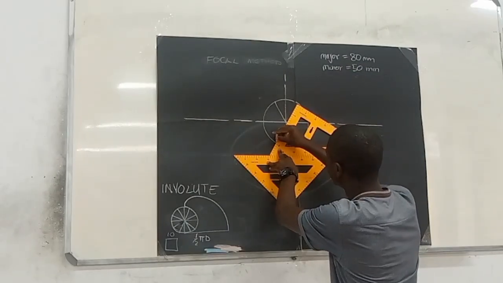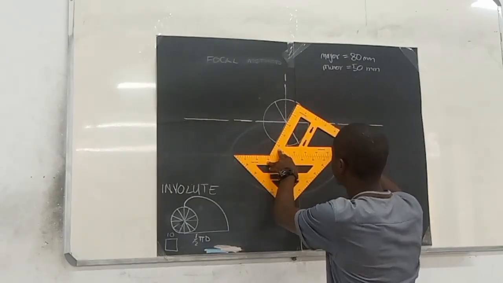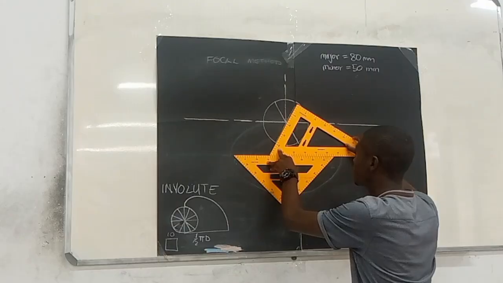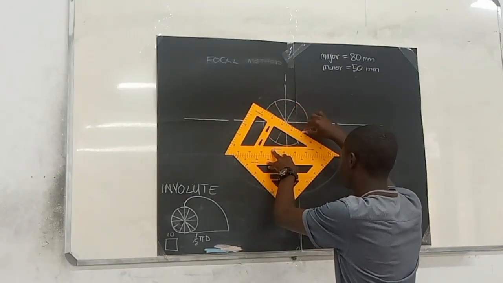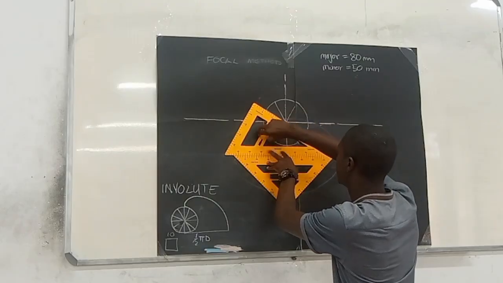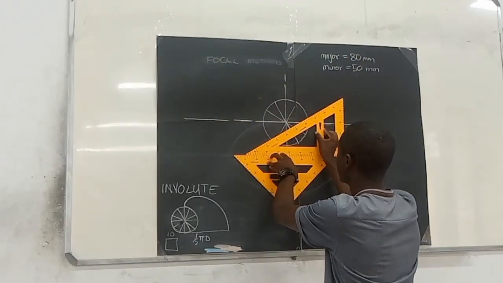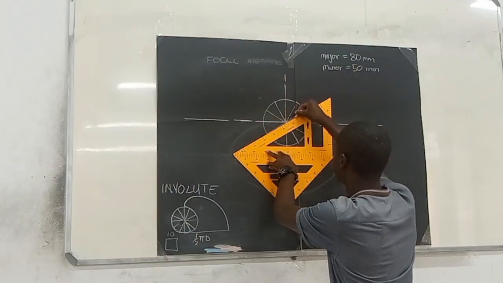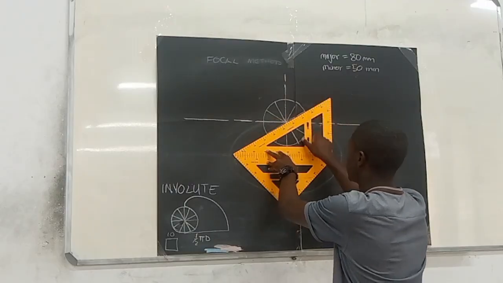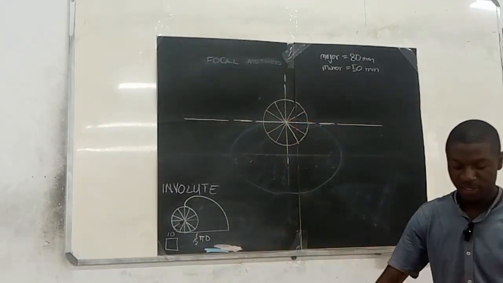So we rotate like that. We have another line. Then notice with this side I can also make a different line. Then I rotate it one last time. And I have my 12 parts.